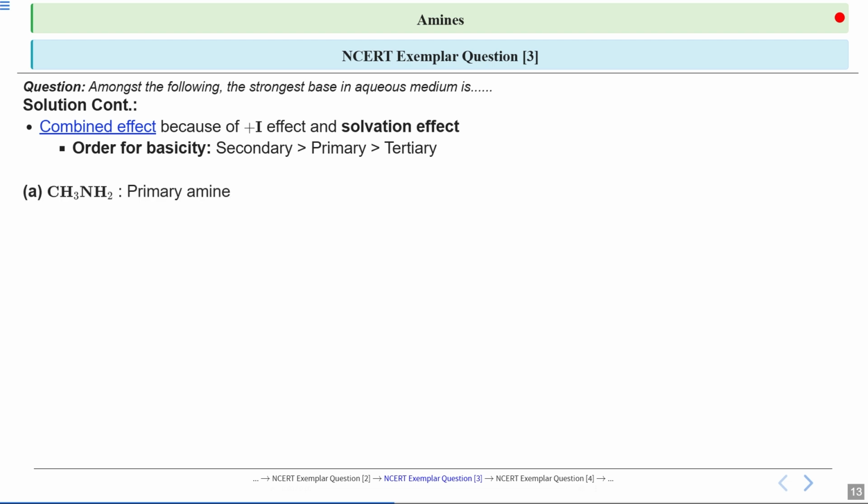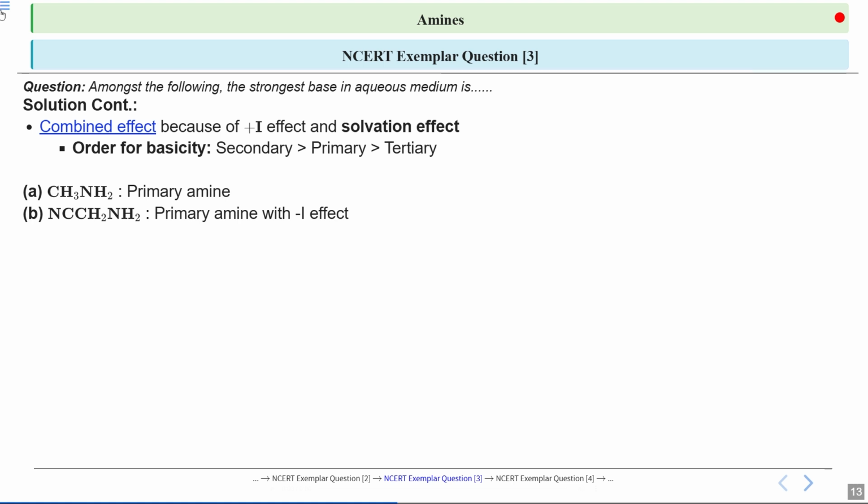Okay, so if you look at the first option, this is a primary amine because nitrogen is bonded to 2 hydrogens and 1 alkyl group. So this is a primary amine. If we talk about the B option, then you will see this is also a primary amine, but it has a -I effect. Okay, because here you will see there is a nitrile group, the NC group, which is there.